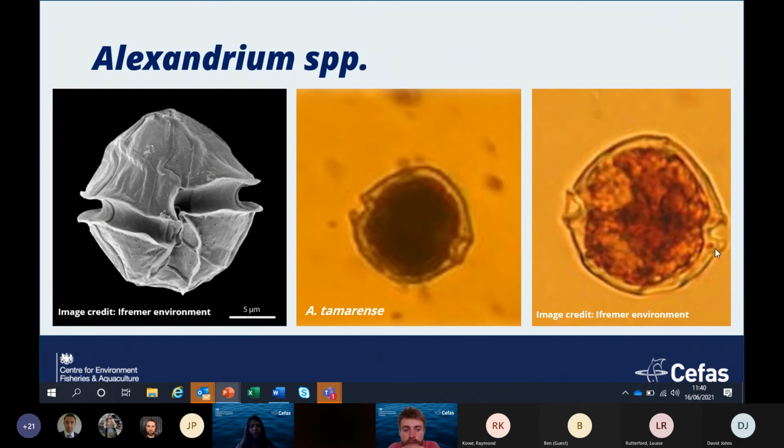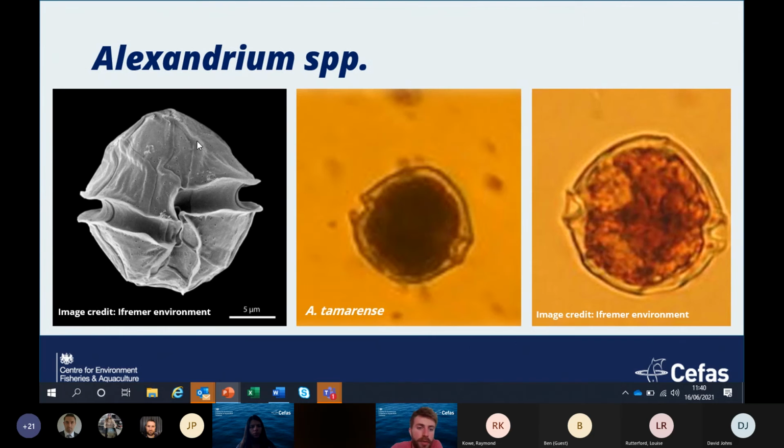But if you want to speciate these, you really do need to look at the cellulose plates, which is what makes them armored. And it's the pattern of those plates that will tell you which species it is specifically. A method you can use is called epifluorescence microscopy, where you apply a stain onto the cells called calcofluor.